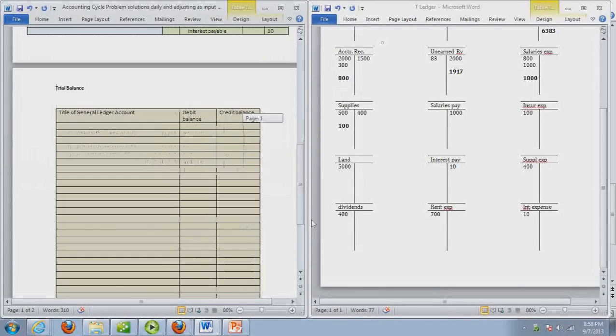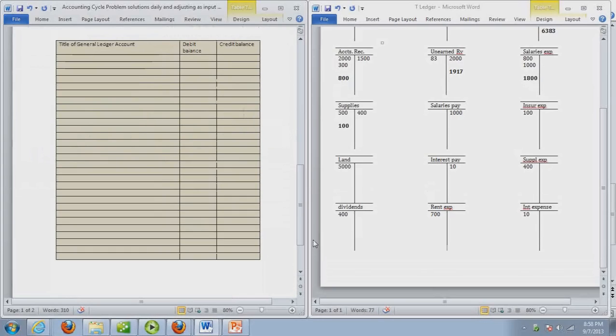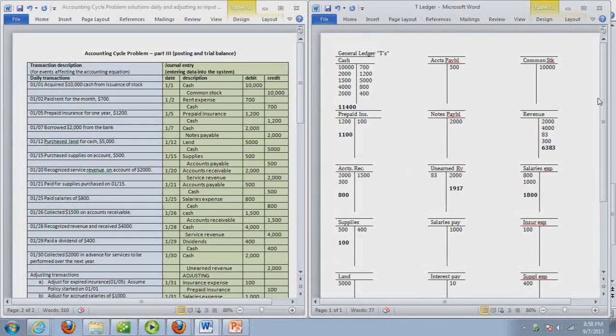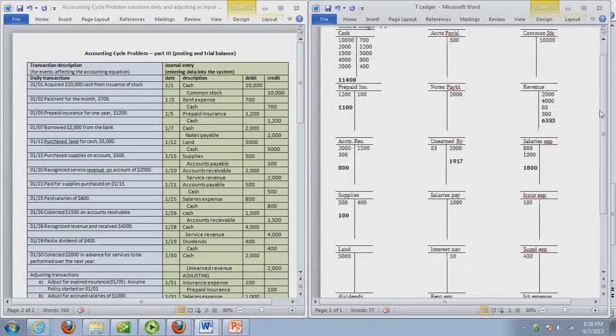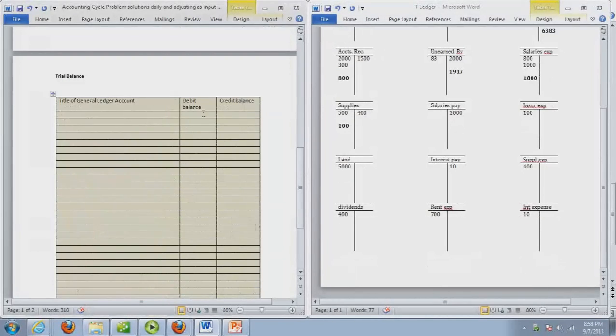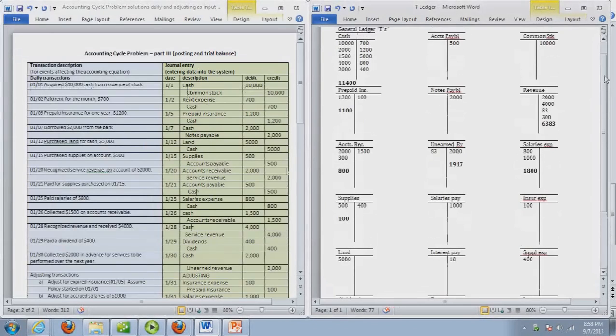So the next step after posting to the ledger and creating one balance is to do the trial balance. And cash, I've got 11,004, and prepaid insurance 1,001. So no, you can't see that. So 11,004 and prepaid insurance, I've already forgotten, it's 1,100.